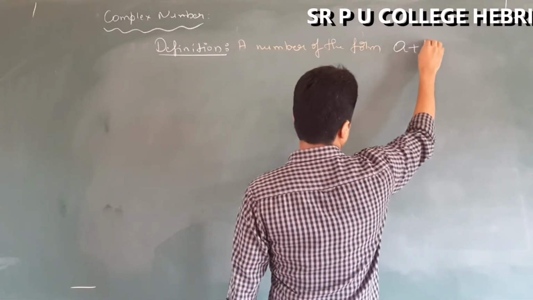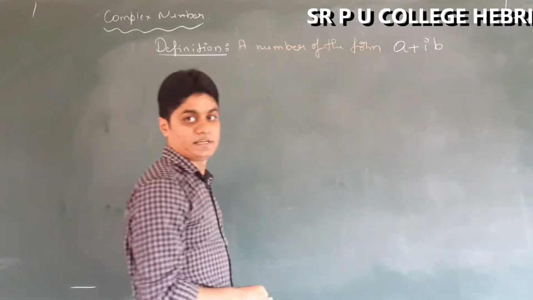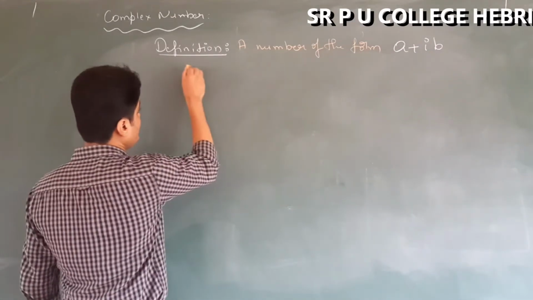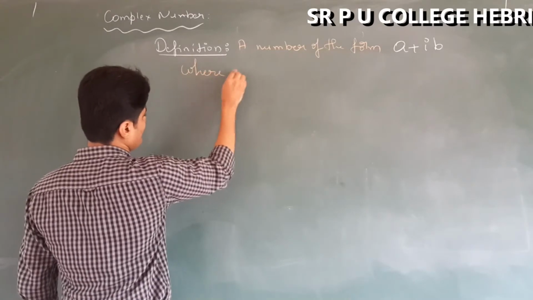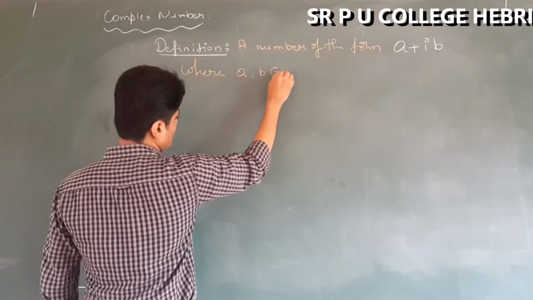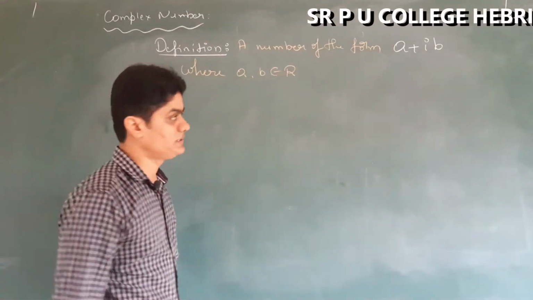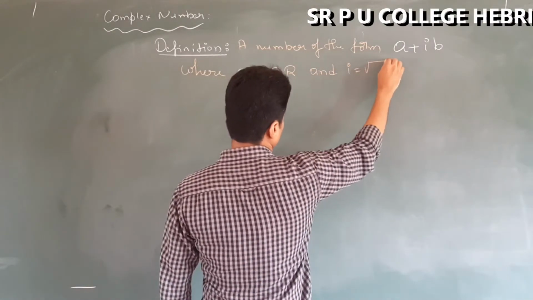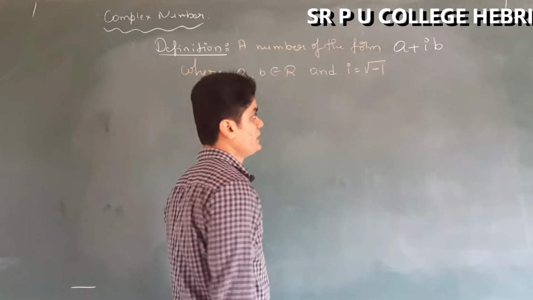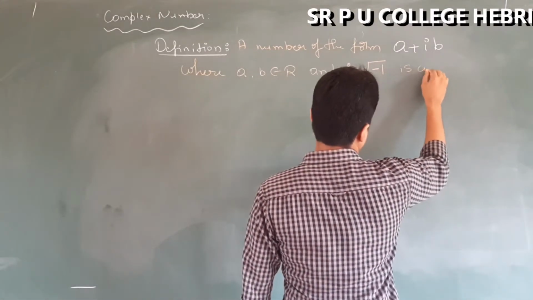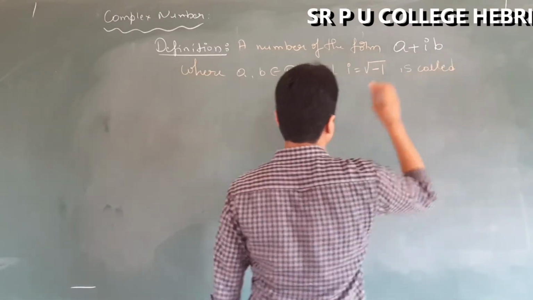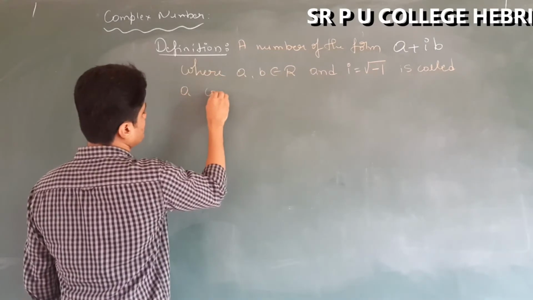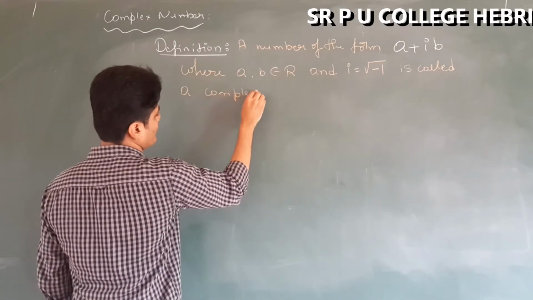A plus ib, where a, b belong to R, the real numbers, and i is equal to root of minus 1, is called a complex number.